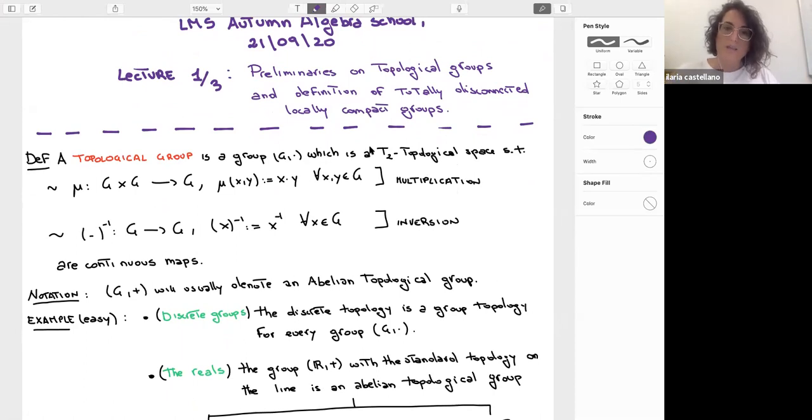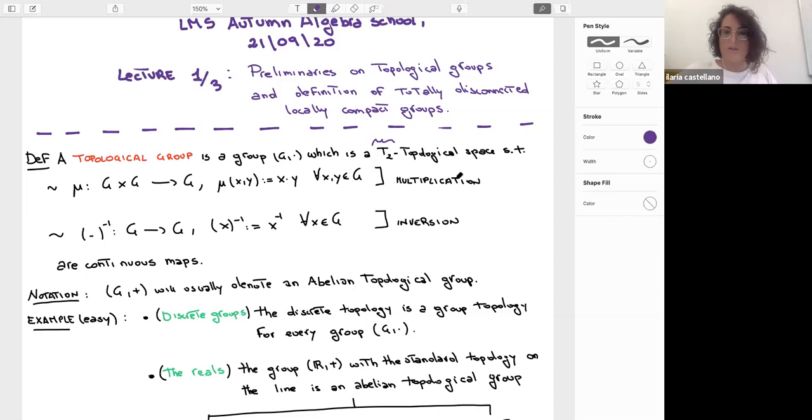So here there is one assumption, which is the Hausdorffness of the topological space, which is actually not required for the definition of topological group in general. But during these lectures, I'm going to assume this hypothesis, and I'm going to show you that this assumption is not so big. So actually it's not changing the cards we are playing with.